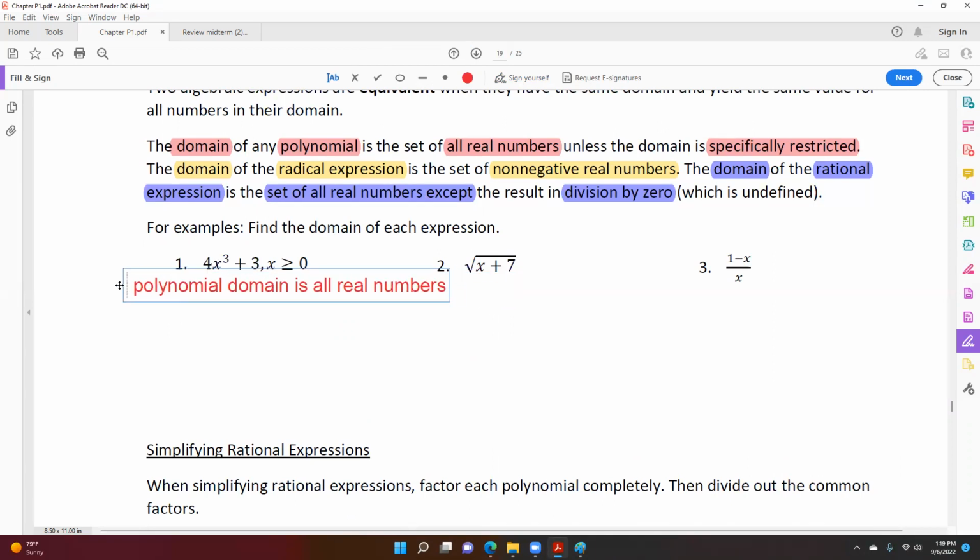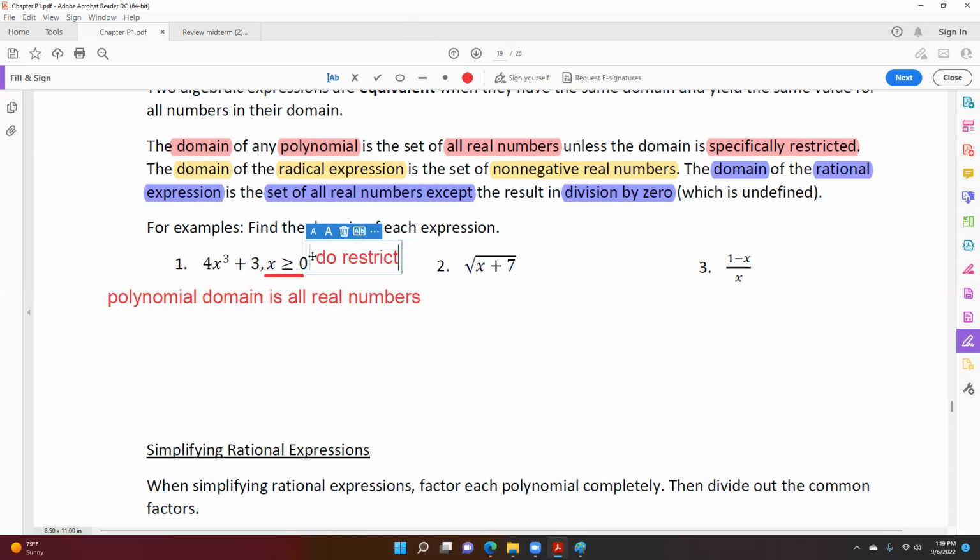However, this polynomial has a domain restriction. The domain restriction is usually given to us once you see a comma and something after that. This is what we call your domain restriction.